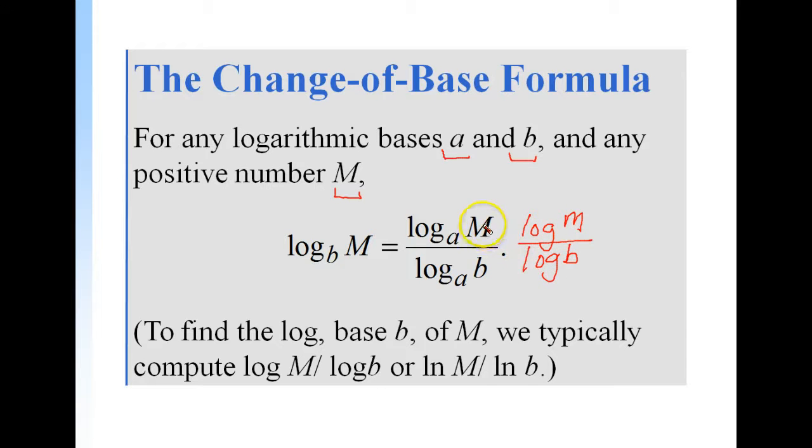So if you know what M and B are, you just divide by those two. And this is what they'll tell you in the example. And this is the change of base formula. Again, write this down and this information.